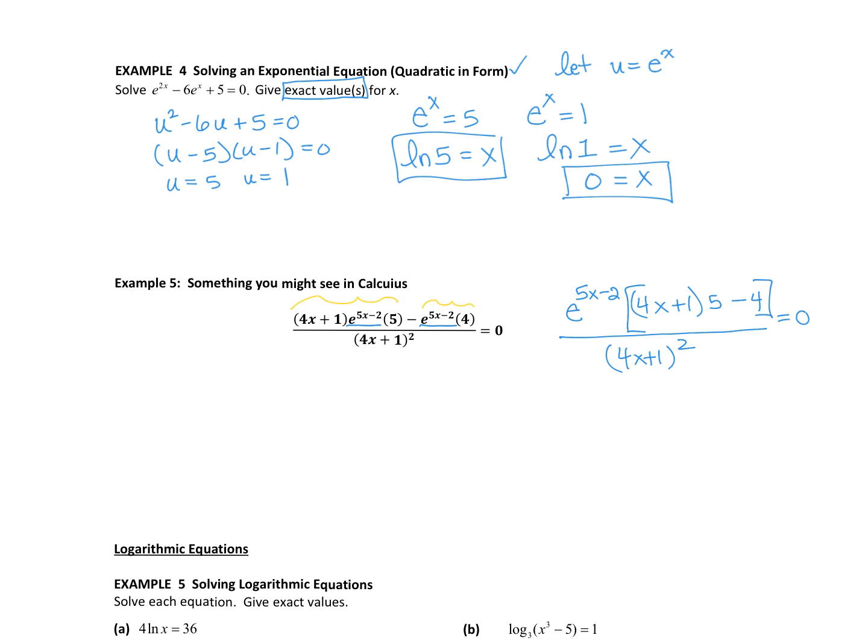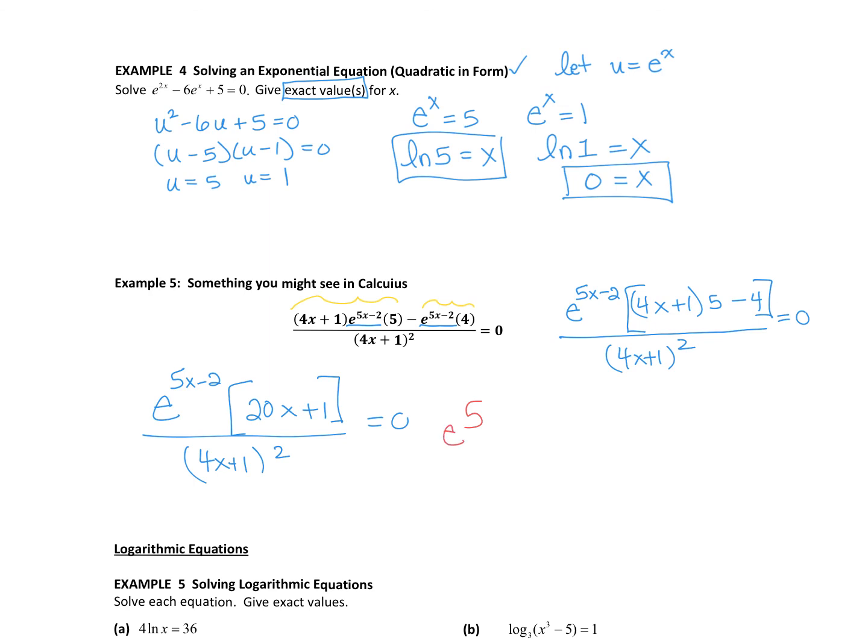So simplifying a little bit more, we're going to get 20x plus 5 minus 4, so plus 1, over the 4x plus 1 squared equals 0. For a fraction to equal 0, the numerator must equal 0.